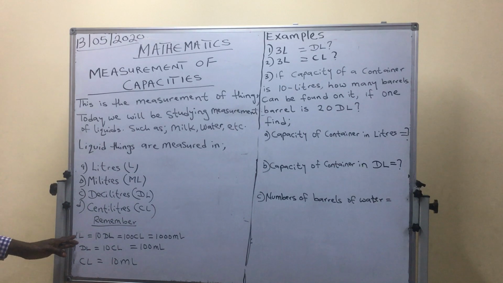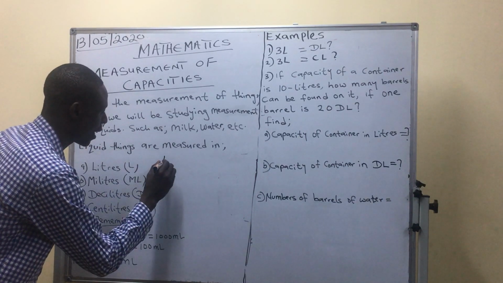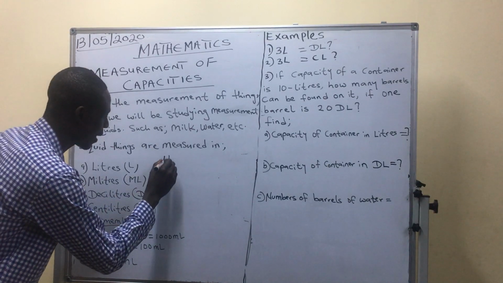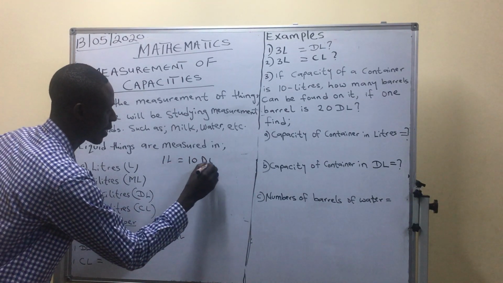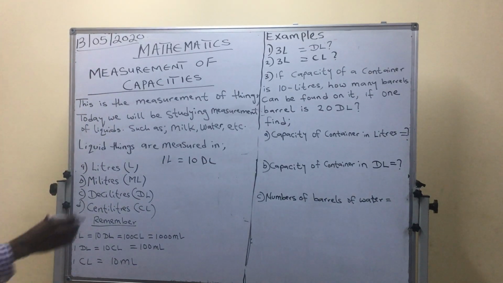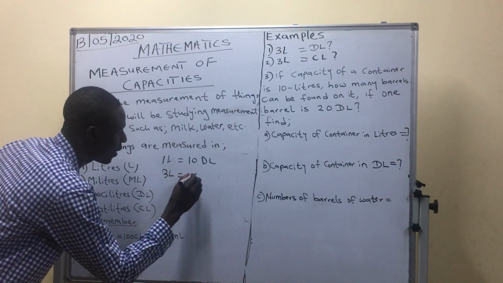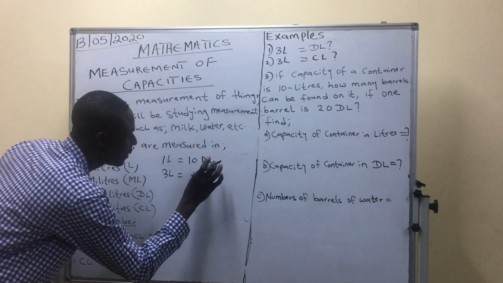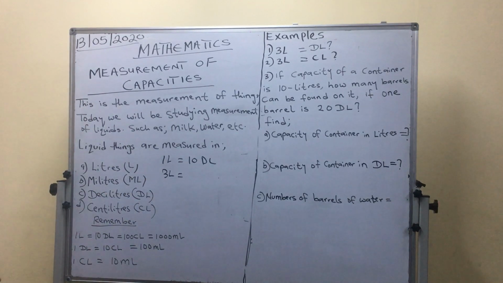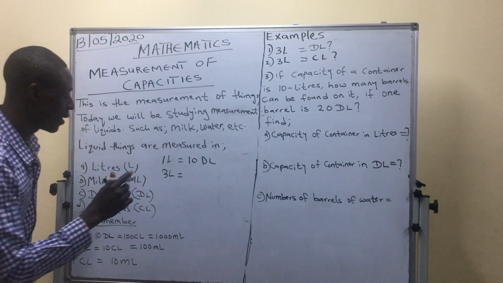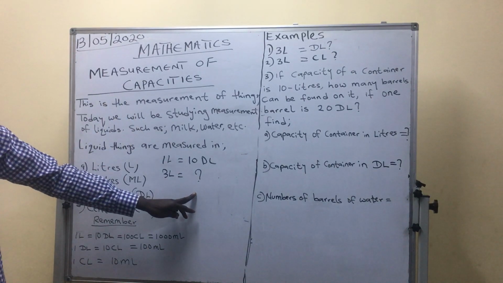Here, we said 1 liter is equal to 10 deciliters. How many deciliters will we have in 3 liters? This is not given. This is what you have to find by yourself.